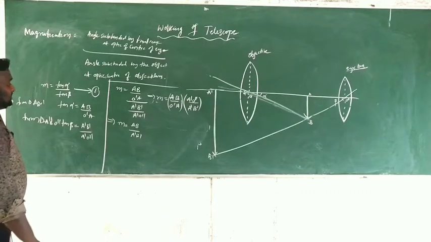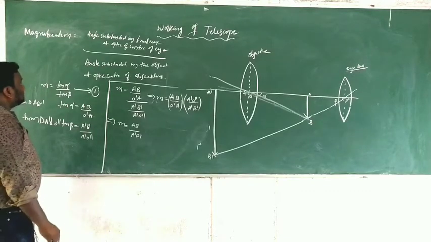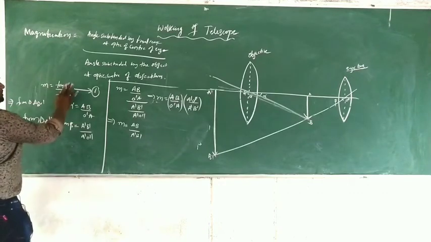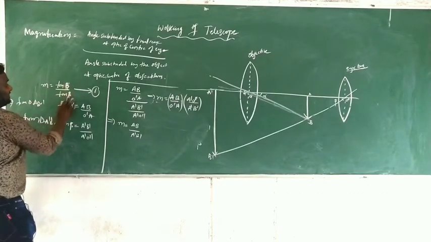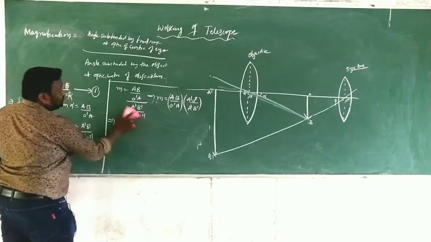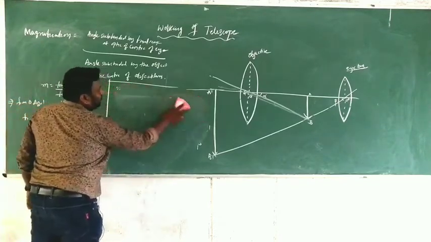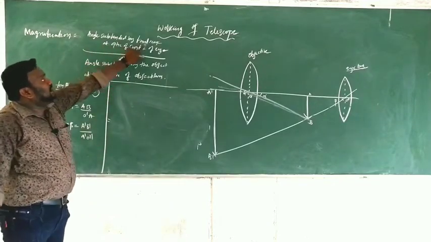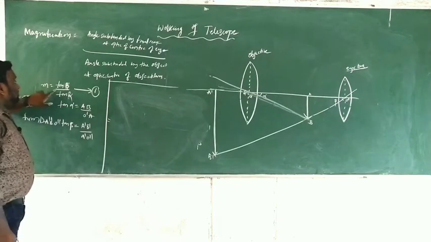So here it is simple. This is tan beta and this is tan alpha, children. In this case, the angle subtended by the image is what we write first, that's why tan beta comes first.